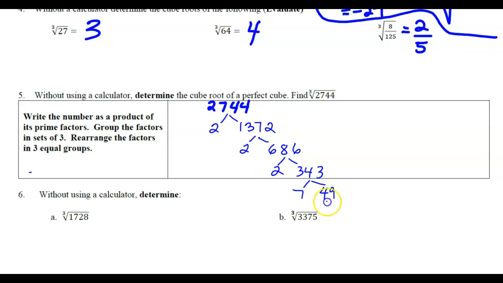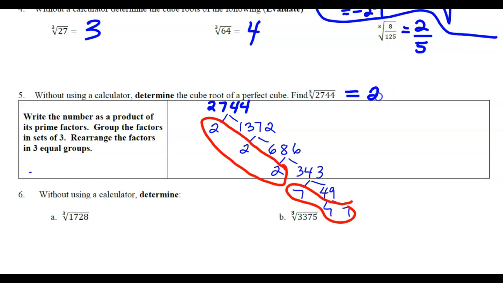And then what's nice is 49 is 7 times 7. So now you can see those groupings of 3 2s, 3 7s. So this is equal to 2 times 7, which is 14. Okay, so that means 14 cubed is 2,744.